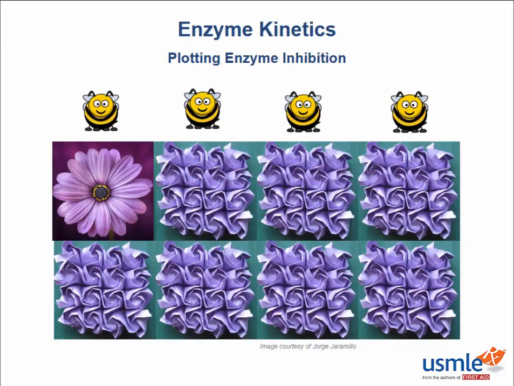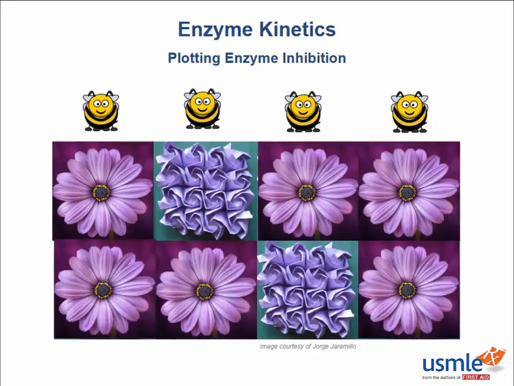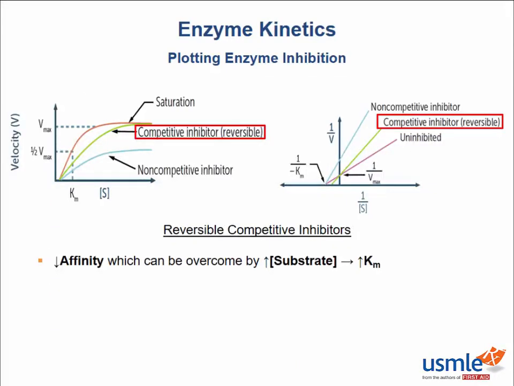So, how could we overcome this obstacle and bring our honey production back to normal? Well, we could add more substrate or real flowers to the mix and knock those fake flowers out of the enzyme B's active site. So by doing this, we have increased the Km, the substrate concentration needed to get our enzyme to work at 50% their Vmax.